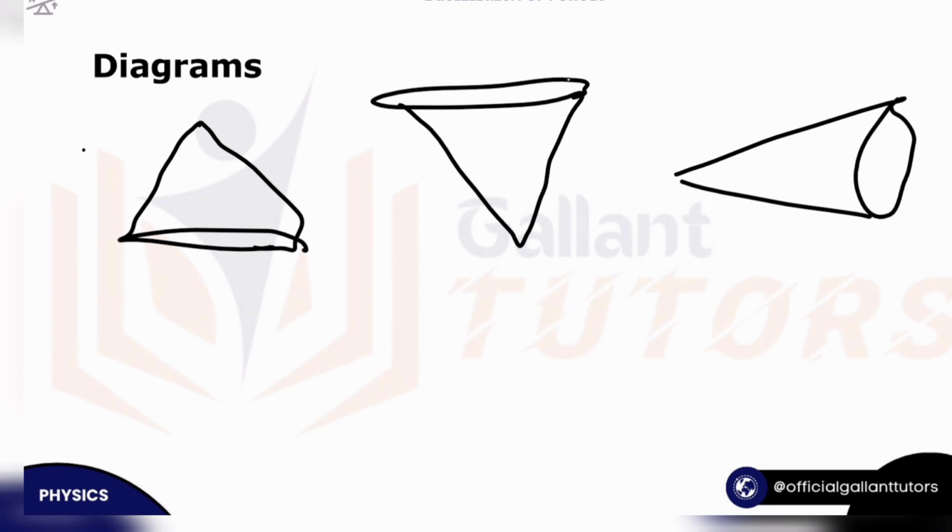If you have something like this, which type of equilibrium is this? Stable, unstable, or neutral? Correct. Stable. What of this? Unstable. What of this? Neutral.